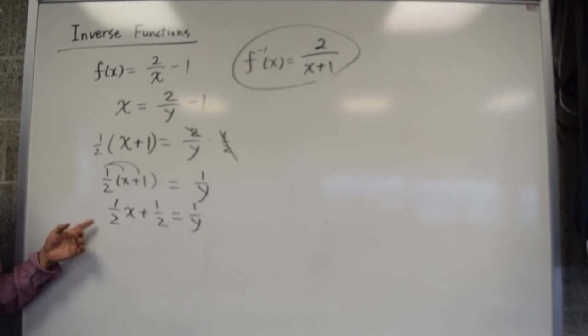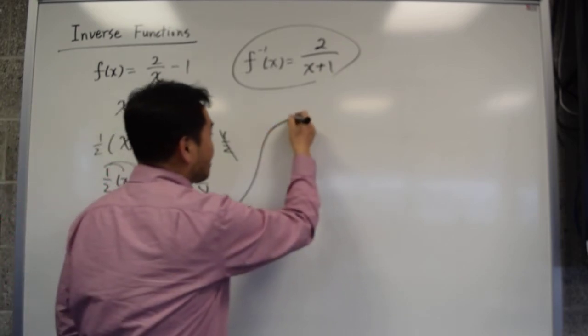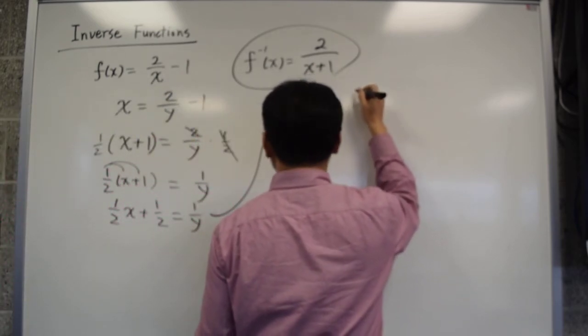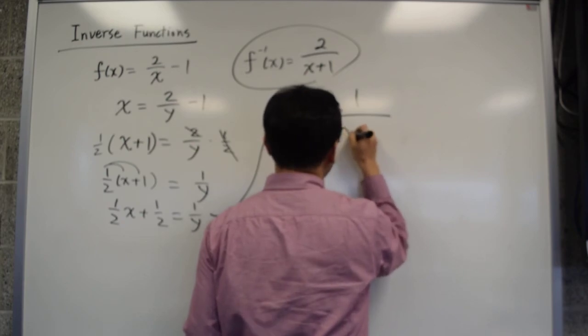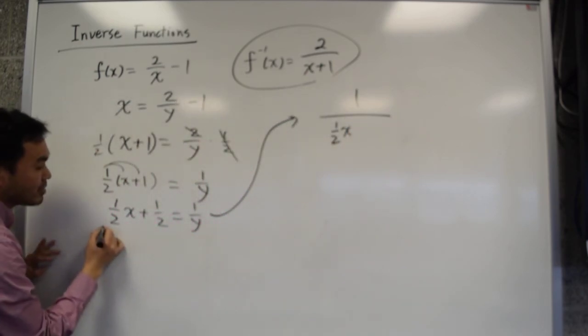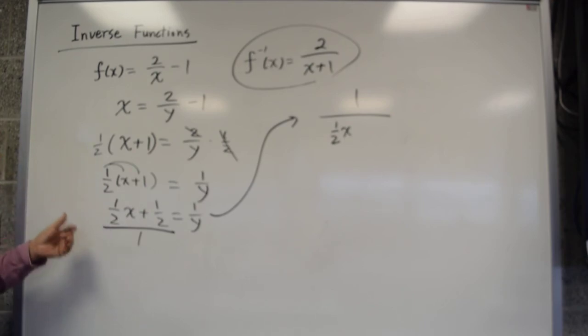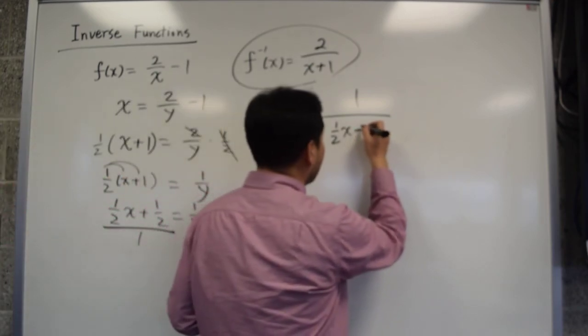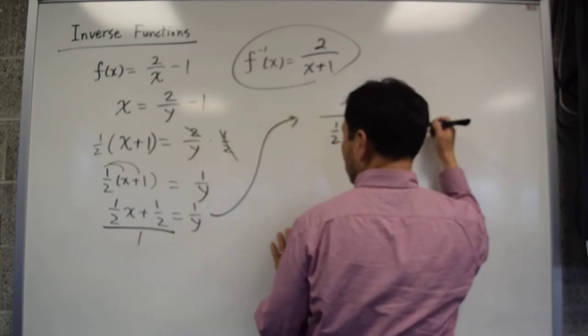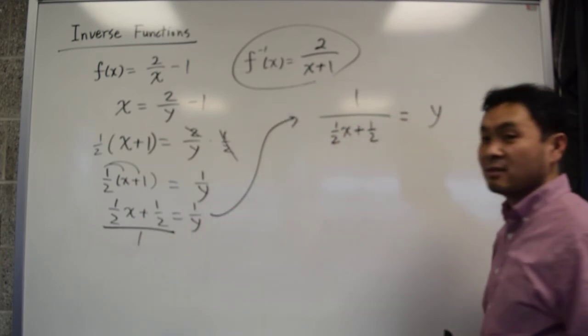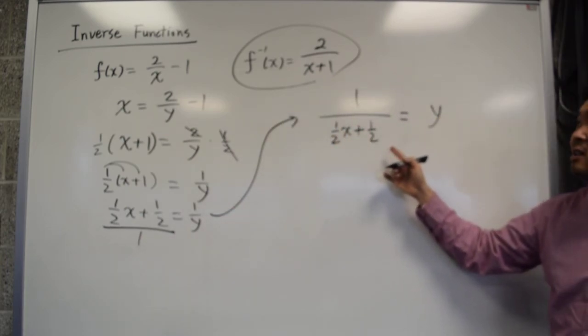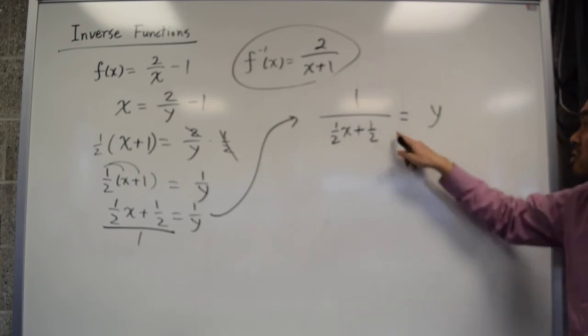So the only way you can get out of here is by putting the entire thing over 1 and flipping it. Think about this entire thing as over 1. It's this gigantic fraction. So you flip this and you get this equals y, right? And it looks ugly, and it doesn't look like this. How do you turn this into this?